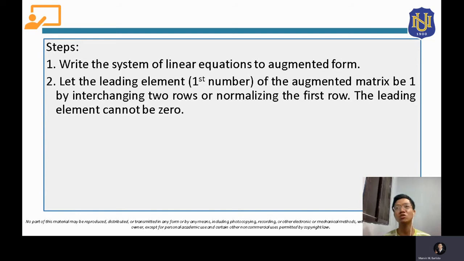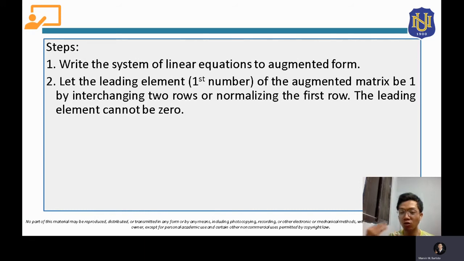Interchanging two rows means that if there is a row wherein the first element is 1, we can interchange that with the original first row, so that the leading element of the augmented matrix will be 1.